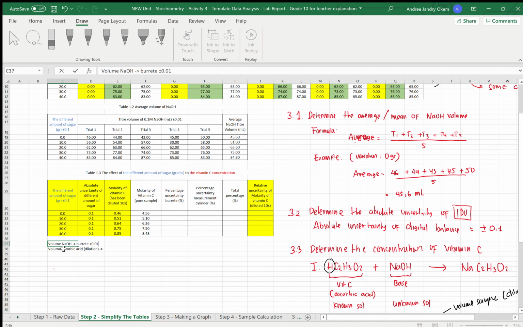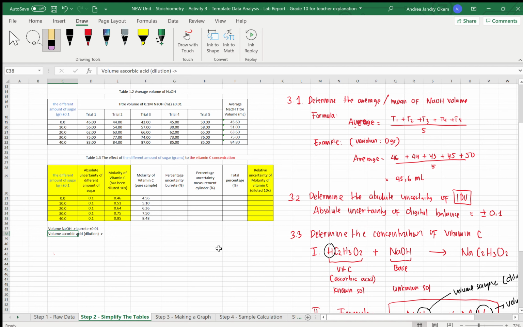Next one is the volume of ascorbic acid or vitamin C. According to the apparatus that we have already read before in the case study, the volume of ascorbic acid or sample will be measured using the measuring cylinder.